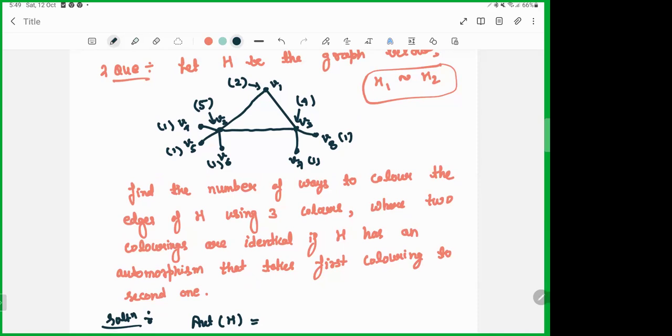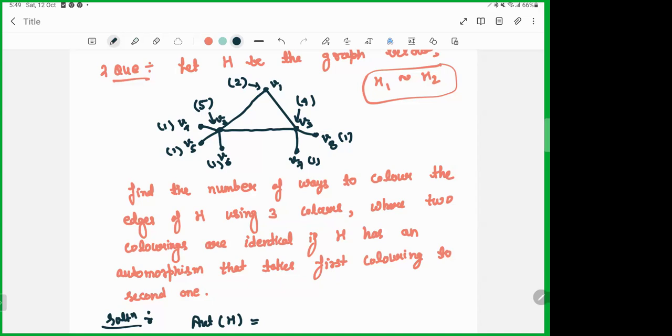We can interchange the leaves however we want. Can you interchange 4 and 8? No, because you cannot interchange V2 and V3, right?